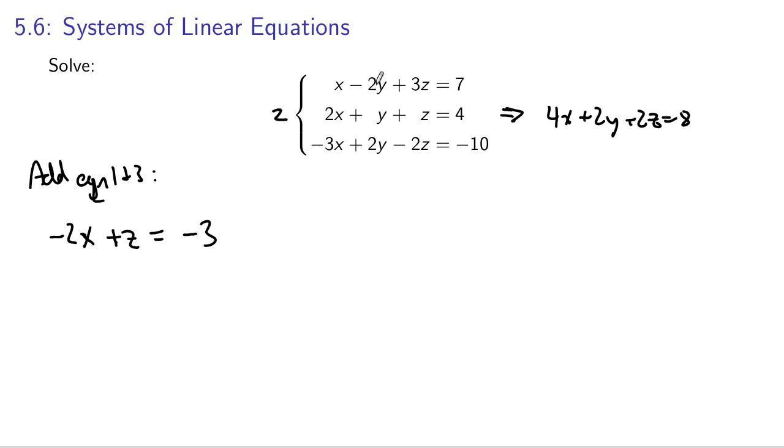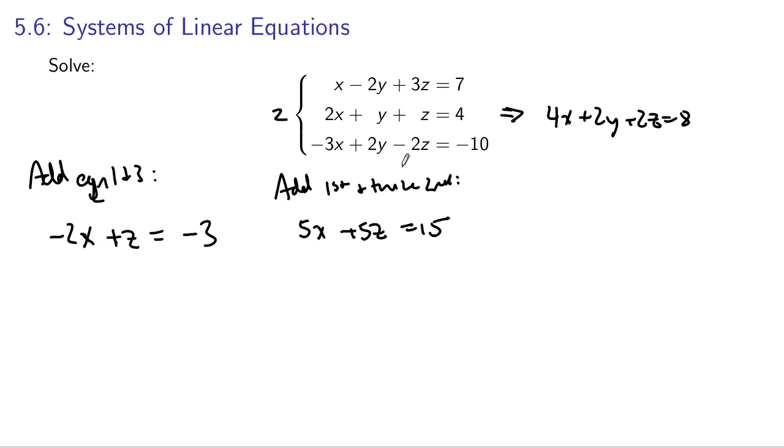And if we add the first equation and twice the second, we would get x plus 4x is 5x, minus 2y plus 2y is 0y, 3z plus 2z is 5z, 7 plus 8 is 15. Okay, now we have two equations, two unknowns.